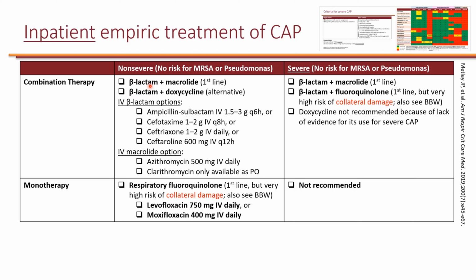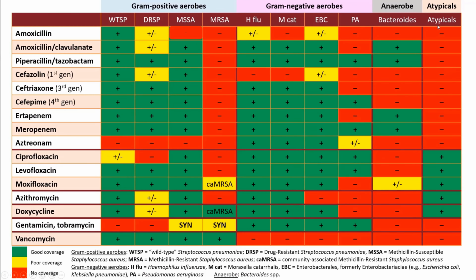And because of the mortality benefit in inpatient patients, we use a combination. So monotherapy with beta-lactam is no longer an option if someone is hospitalized. We want to combine it with either a macrolide or doxycycline. And the reason is that probably the underlying cause is that beta-lactams don't have activity against atypical agents.